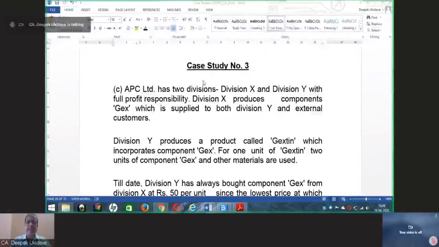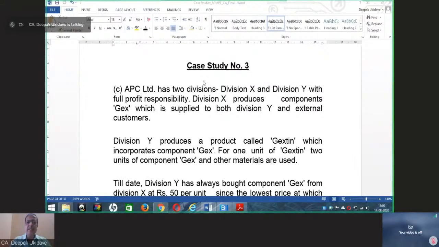Just go on adding these figures: 12 rupees plus 16 rupees plus 2 rupees manufacturing overhead plus 4 rupees. So 16 plus 12 is 28, plus 2 is 30, plus 4 is 34.